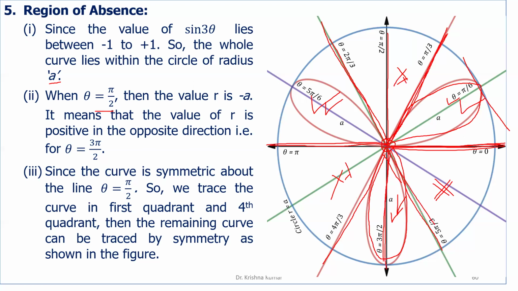Again, this is the tangent and this is the tangent, so there is again one loop over there. We only trace this part, and since the curve is symmetric about this line, we get the same type of loop on the left hand side also. Hence, this is the approximate shape of the rose curve r equal to a sine 3 theta. Thank you.